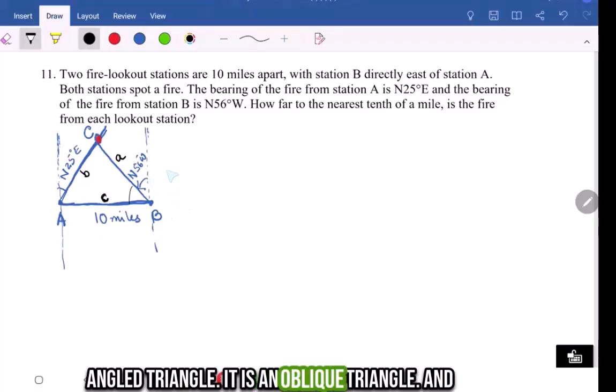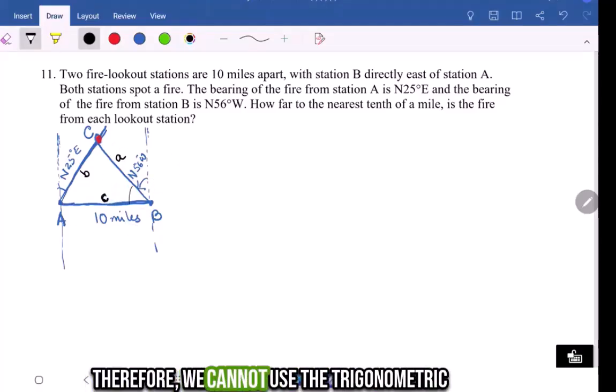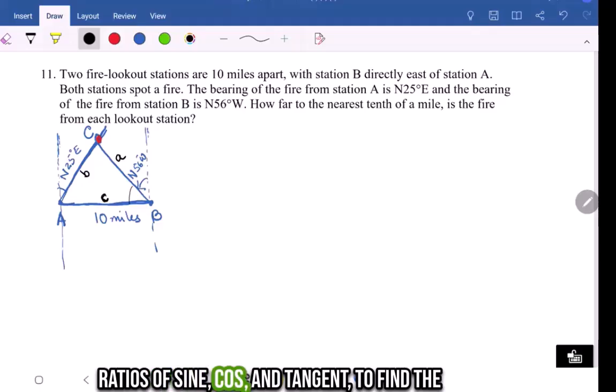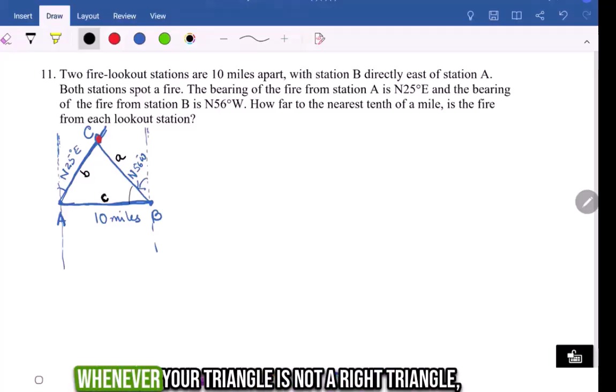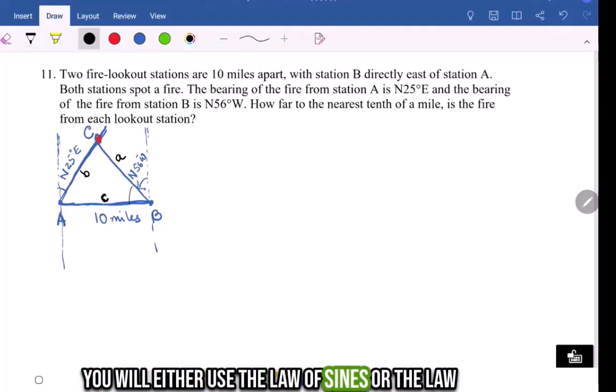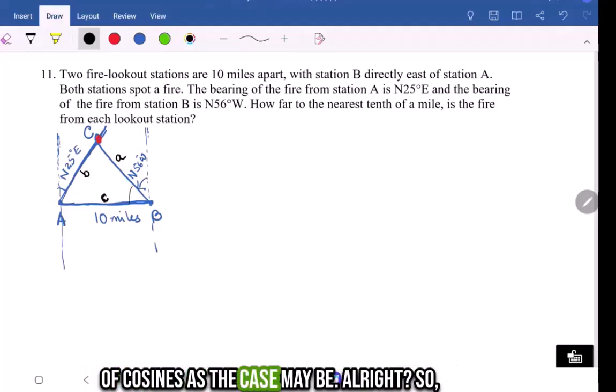It is an oblique triangle, and therefore we cannot use the trigonometric ratios of sine, cos, and tangent to find the distances. We have to use the law of sines. Whenever your triangle is not a right triangle, you will either use the law of sines or the law of cosines, as the case may be.